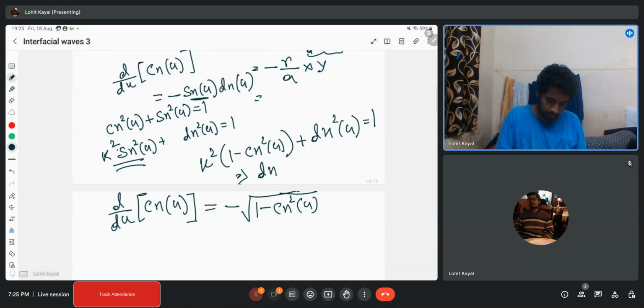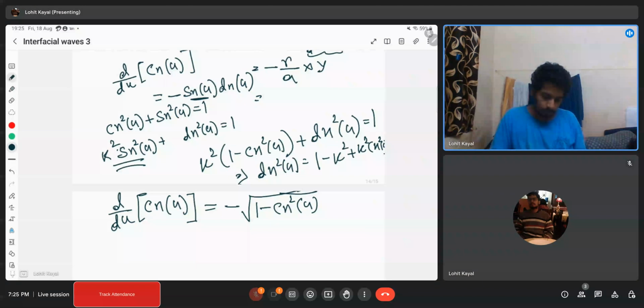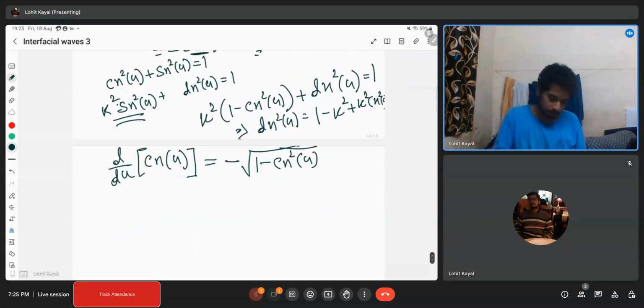This implies dn square of u equal to 1 minus k square plus k square cn square u.